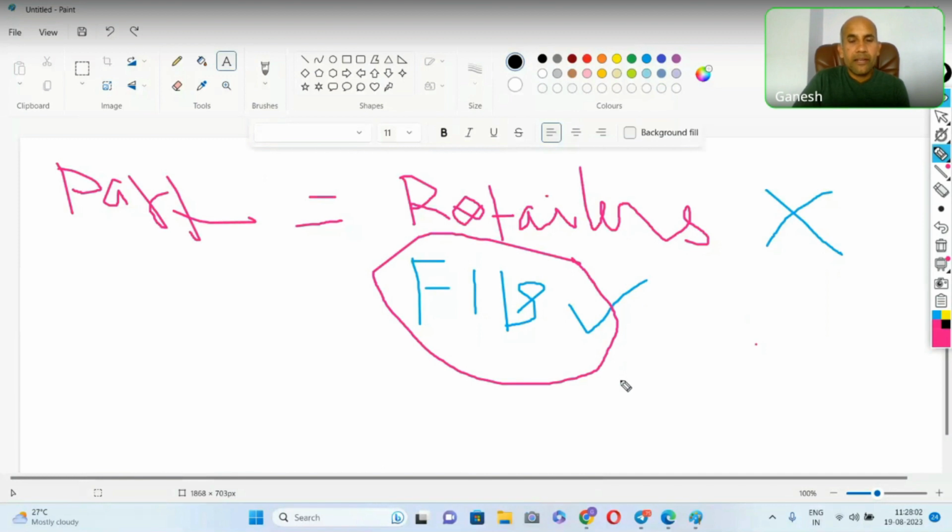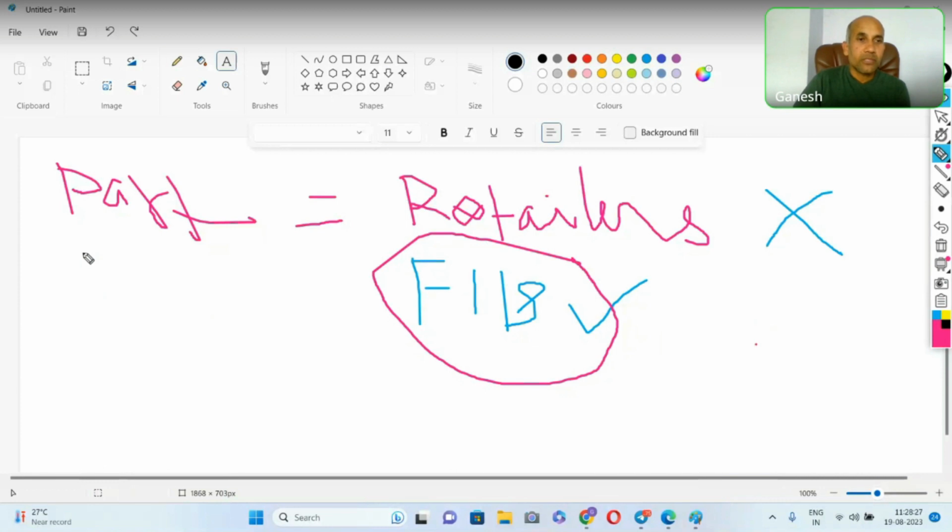All that we learn from FIIs will help us decide what we have to do. As long as we follow FIIs, maybe we'll also start making money like FIIs. One who follows retailers obviously loses money because they are losers.